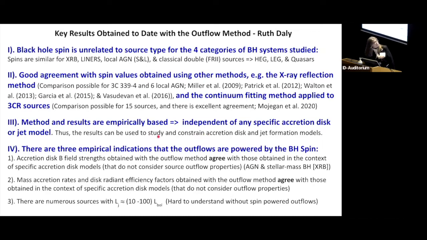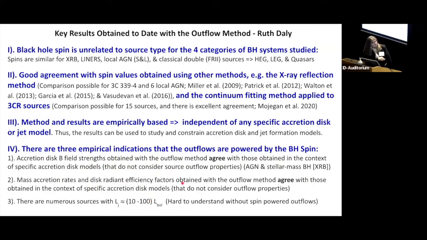So this might be able to be used to study and constrain the accretion disk models that would fit these results, and also disk jet formation models. Finally, there are 3 empirical indications that the outflows are powered by the black hole spin. The accretion disk physical magnetic field strengths agree with those obtained in the context of specific accretion disk models for the same sources, and those specific accretion disk models do not include any information regarding the outflow properties.